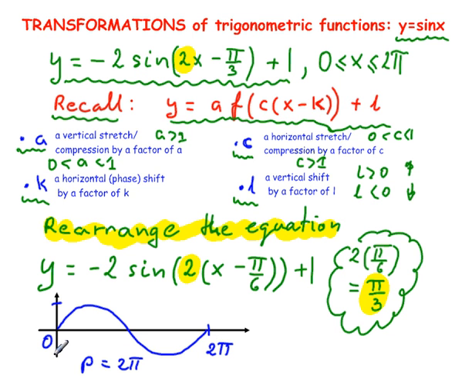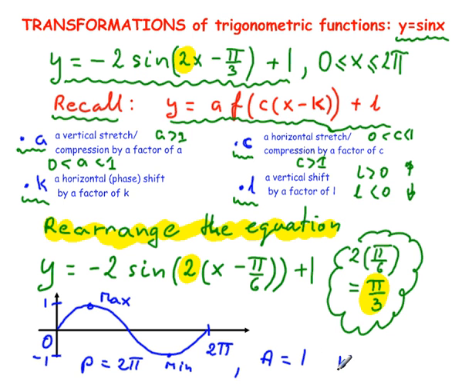The amplitude is the difference between the maximum value and the minimum value divided by 2. If the spread here is between 1 and -1, the difference is 1 take away -1, which is 2, divided by 2 is 1. So the amplitude is 1 unit. The amplitude is 1, the period is 2 pi.